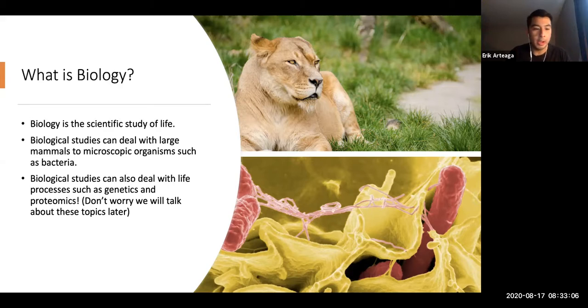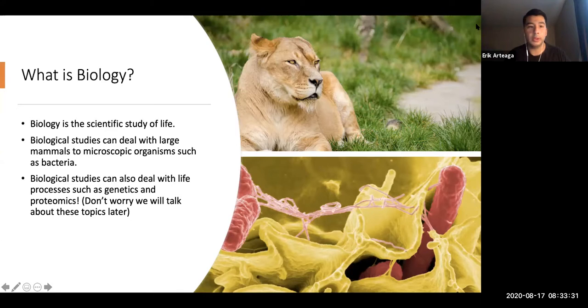So biology can deal with individual cells, individual chemical processes, all the way to understanding how lions are hunting in the savannah, okay? So a very broad field, and it deals with a lot, okay? So it's important to know. And again, it is the scientific study of life.